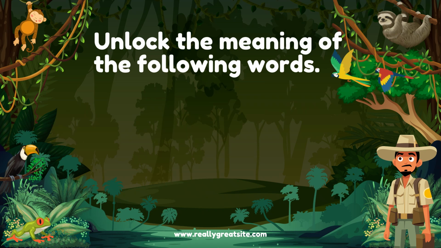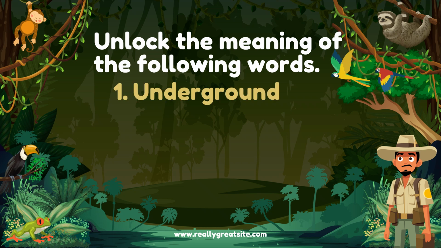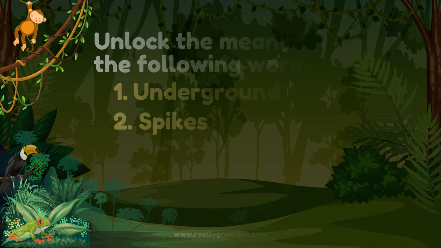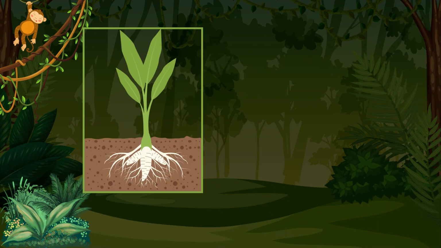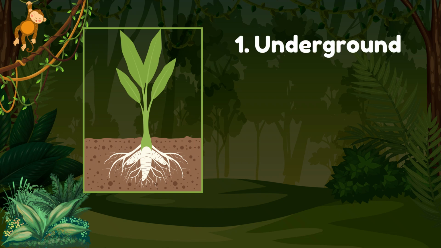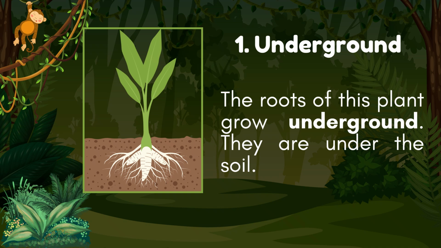Now, kids, let's unlock the meaning of the following words. We have here number 1, underground, 2, spikes. Look at the picture. For number 1 word underground, the roots of this plant grow underground.